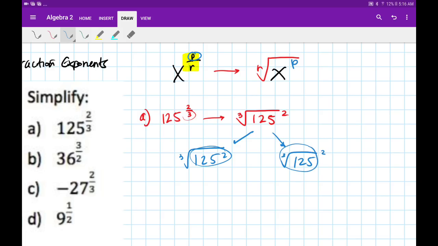This will be my preferred method because, let's admit, the first takes us to really big numbers that we can't do easily by hand. So I'm going to take the cubed root of 125 first. That would be 5. And then in the last step, I'll square that 5 to get 25.